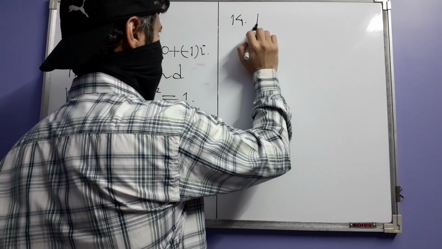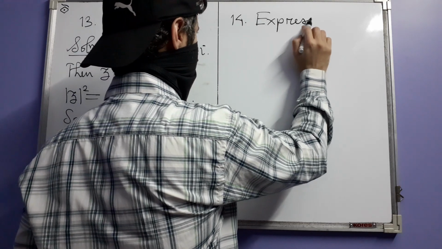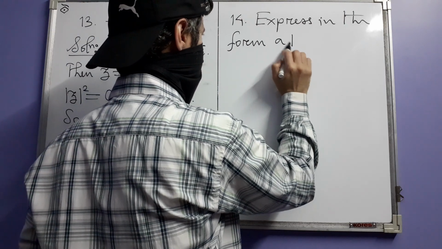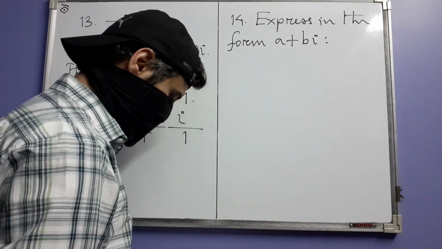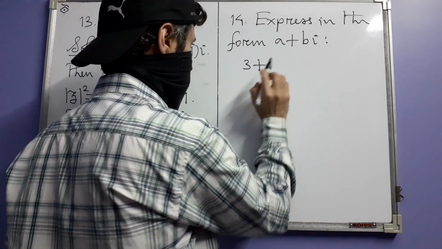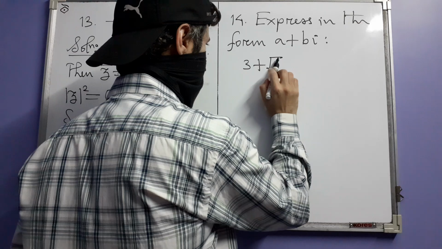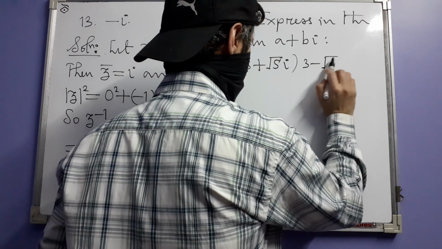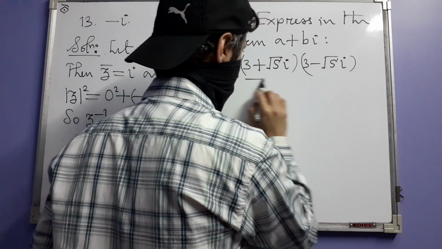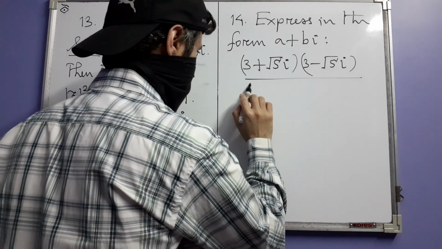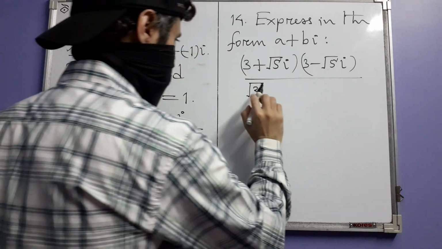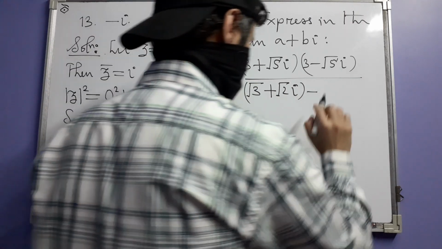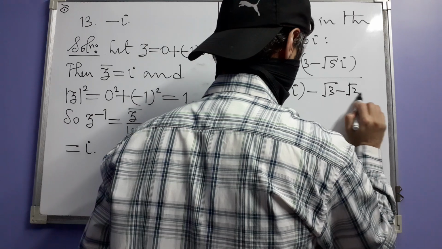This final one is also expressed in the form a plus bi, and the number is this: 3 plus root 5i times 3 minus root 5i, divided by root 3 plus root 2i minus root 3 minus root 2i.